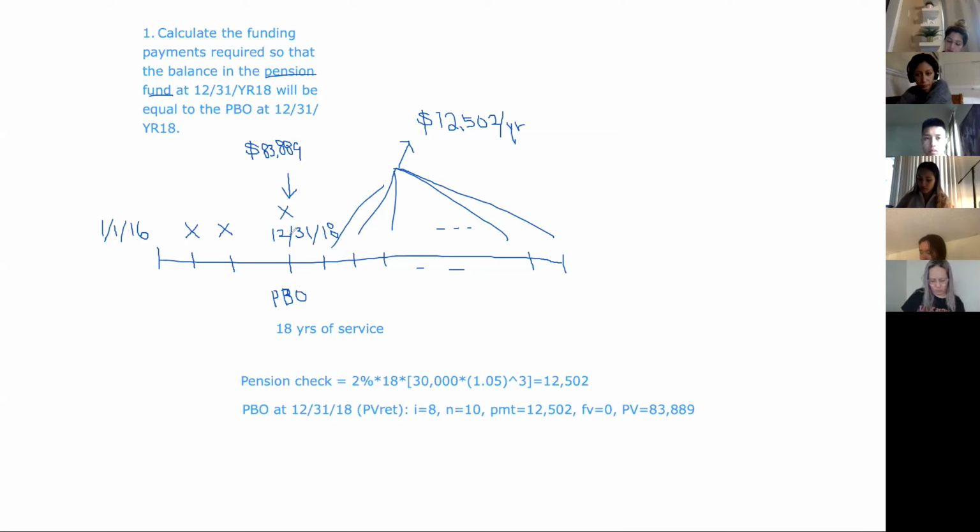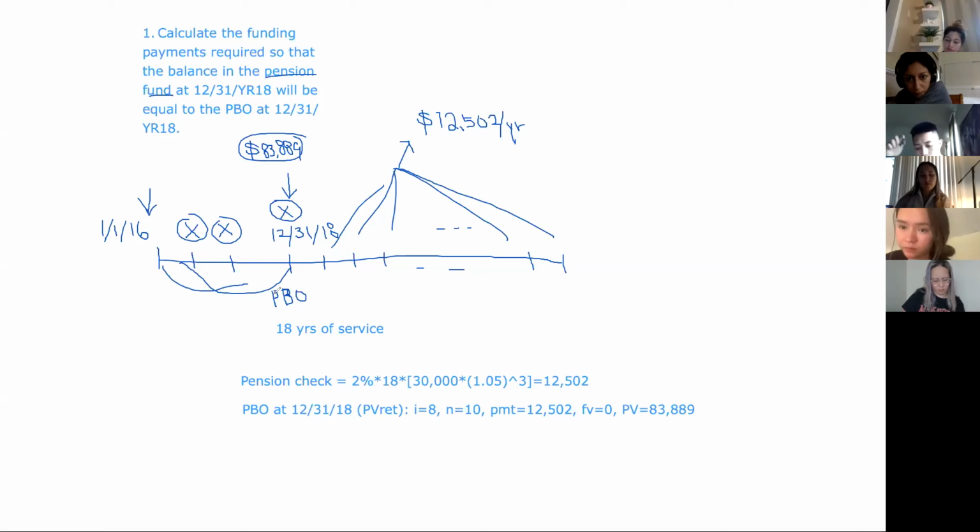So we have the future value. This is the future value when we are standing right here, right? 83,889 is the future value. These three are equal payment amounts. Number of periods is 3.